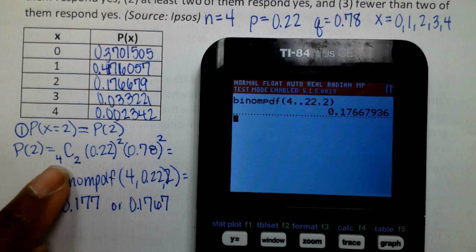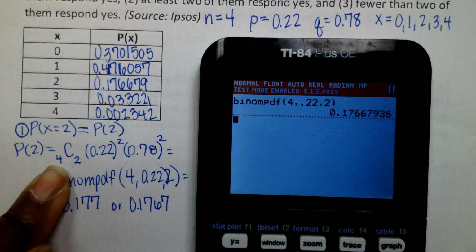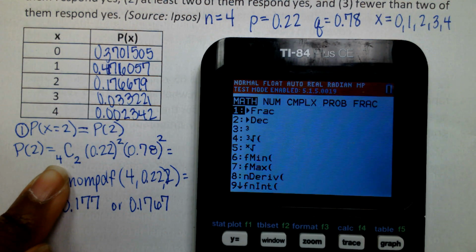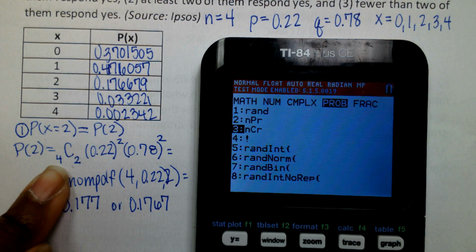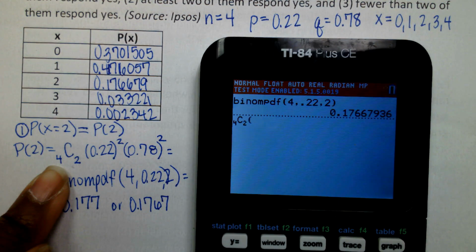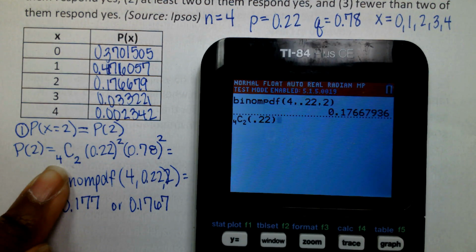Let's go ahead and do this one since we're on the calculator. So I'm going to put in a 4. Do this really quickly since most of y'all probably did this already. Let me delete this.